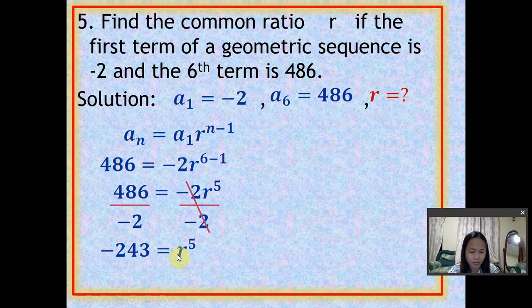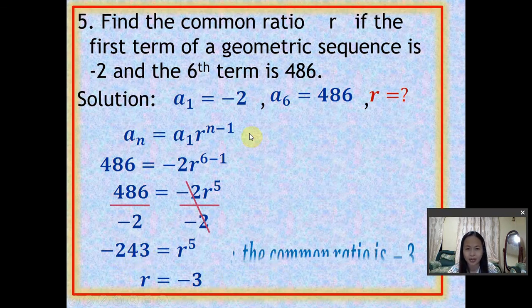Now, look for a certain number that if you raise to the power of 5, we can have negative 243. Or simply solve for the fifth root of negative 243, and that is equal to negative 3, since negative 3 raised to the power of 5 is negative 243. So our common ratio for this part is equal to negative 3.